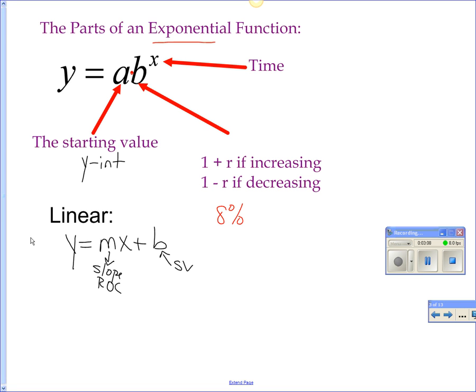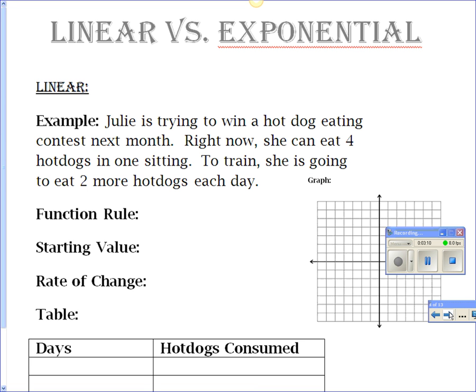Okay, now we are going to jump to this sheet. Okay, so here's an example. Julie is trying to win a hot dog eating contest next month. Right now, she can eat 4 hot dogs in one sitting. To train, she's going to eat 2 more hot dogs each day.